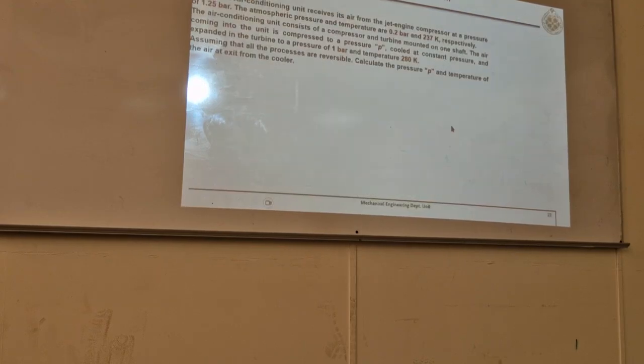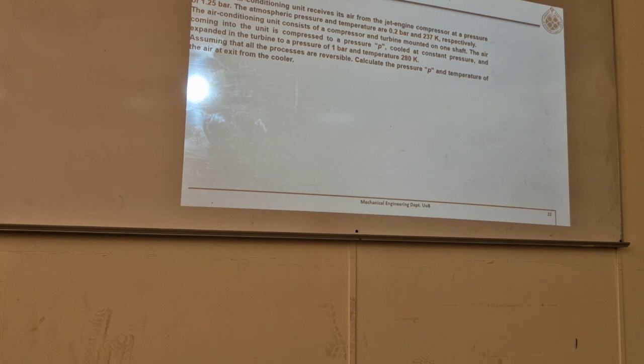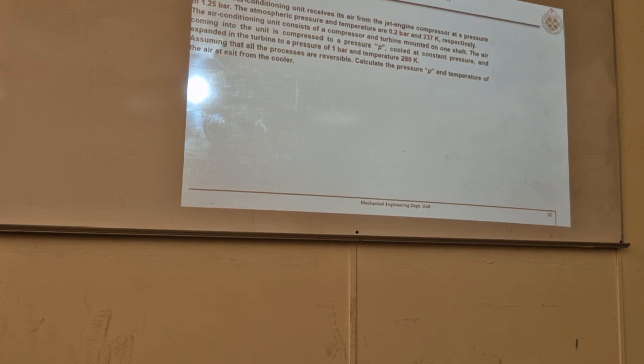Let's do another problem. In these problems, be careful about the statement. Carefully read the statement. Here the situation is very different in this problem. Solution is very easy, but situation is very different.